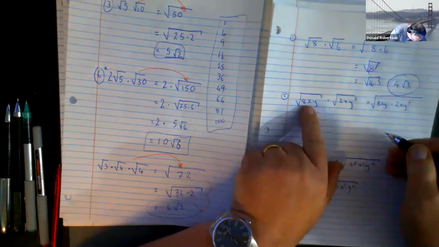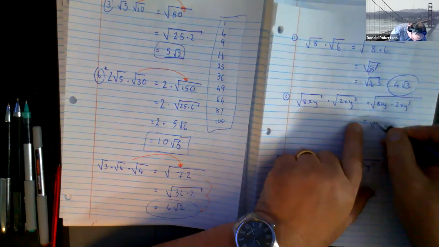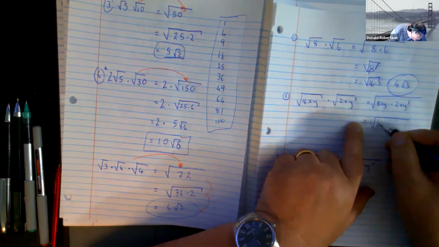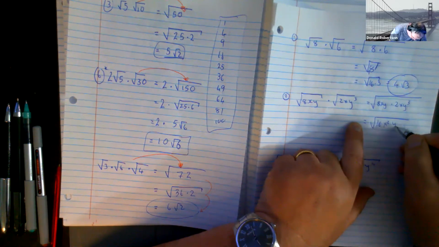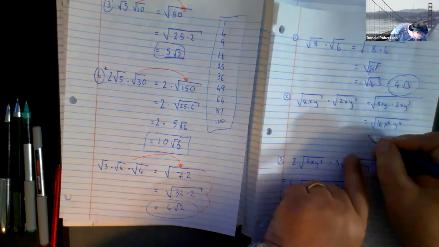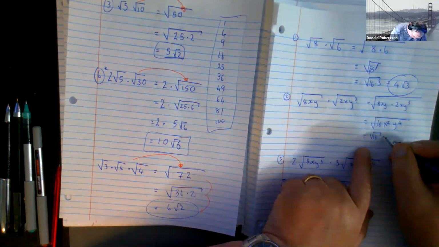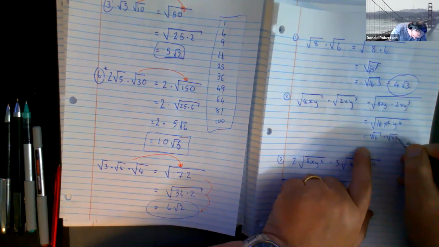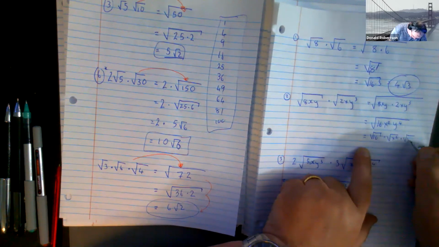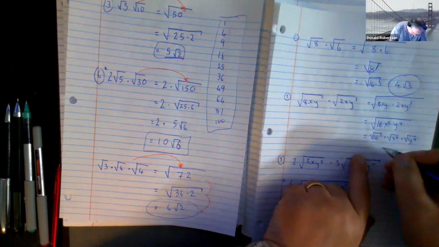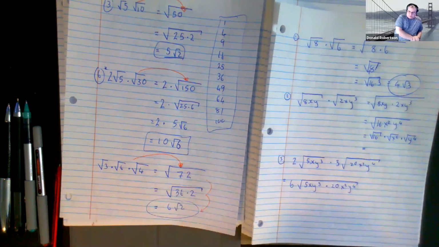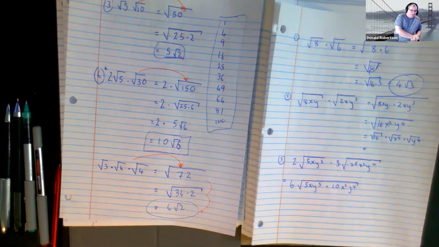Multiply these two together, you're going to get a 16, an x squared, and a y to the 4. You split these up, you get a square root of 16, followed by a square root of x squared, followed by a square root of y to the 4. This is one of those amazing ones where the answer is really nice, because each one comes out nicely.